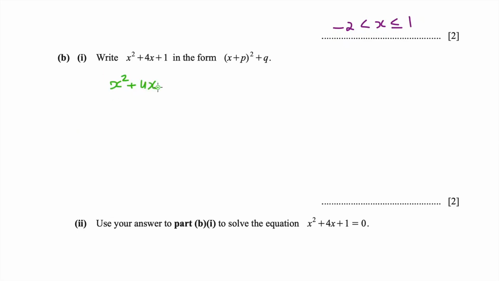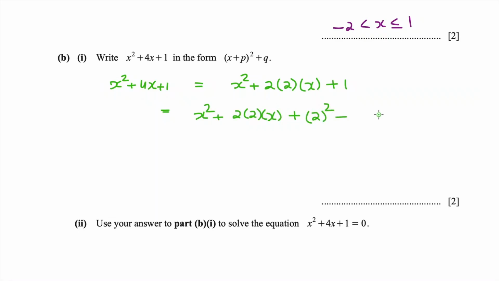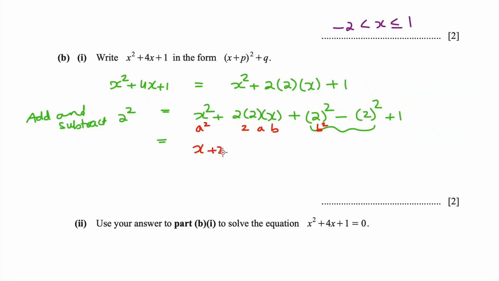Now x square plus 4x plus 1 is equal to x square plus 2 into x plus 1, and if I add 2 square and then subtract 2 square, look at this picture, it is in the form a square, 2ab and b square, and so this would be equal to x plus 2 whole square minus 4 plus 1.